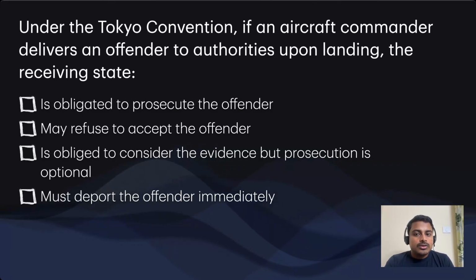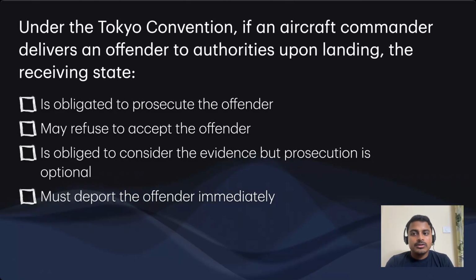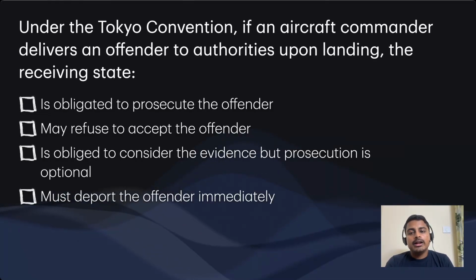So under the Tokyo Convention, the aircraft commander has the authority to restrain the passenger, right? Whoever has committed the offense on board. The aircraft commander has the authority to restrain that person until landing, and on landing they have to hand over the person to the authorities, right?